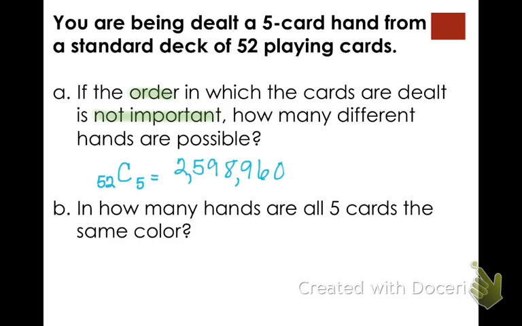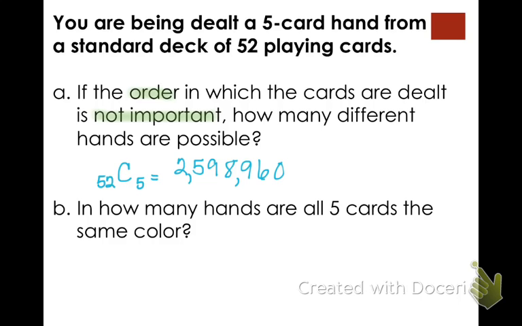The things that are more rare end up being a higher payout if you happen to win. When there are 2.5 million different possible hands and there's only 4 ways to get a royal flush, that's pretty impressive. So that's a much better probability.